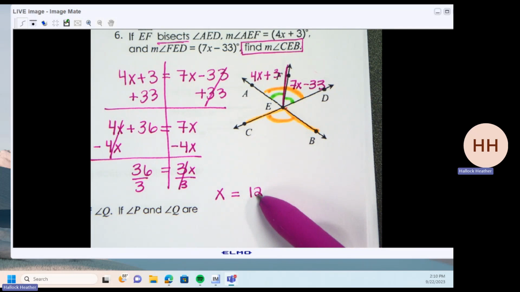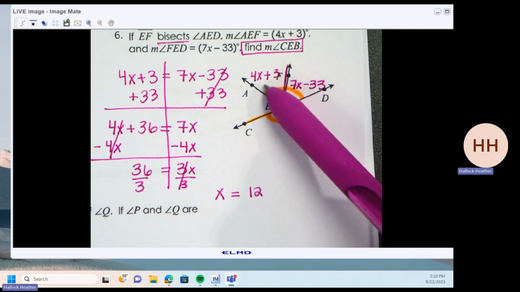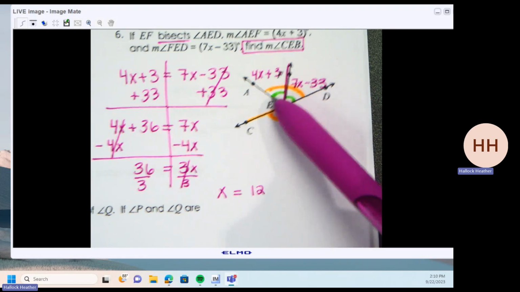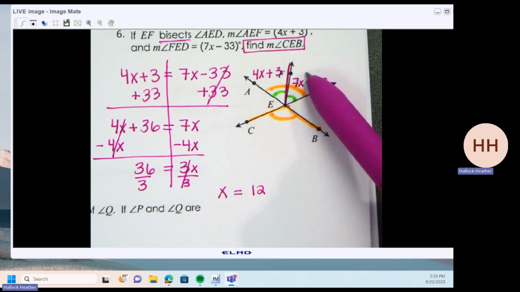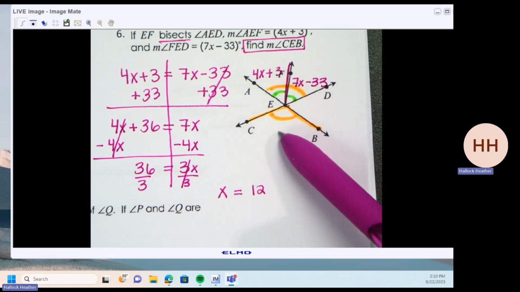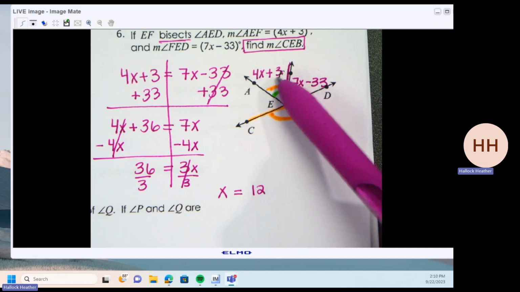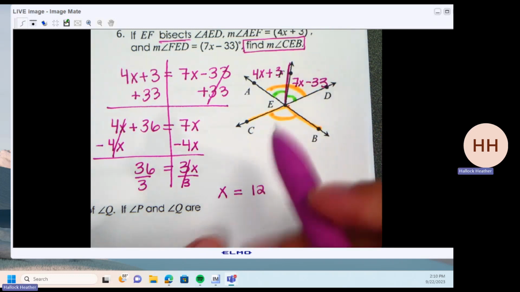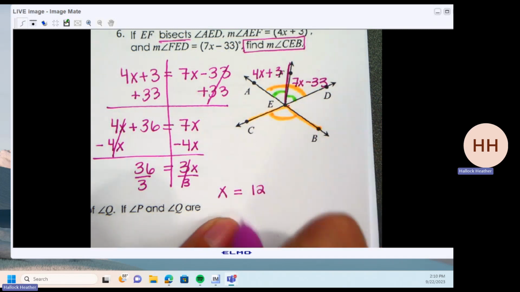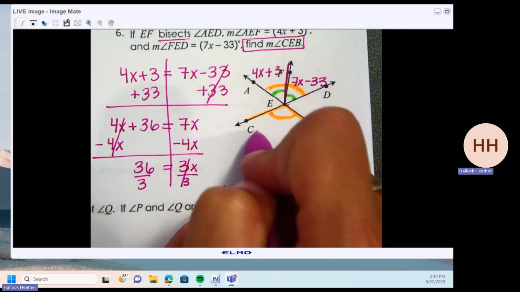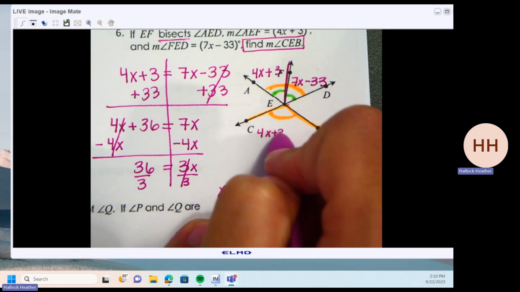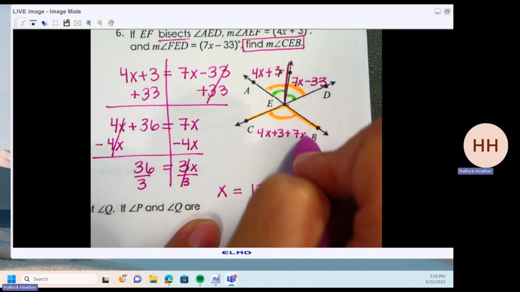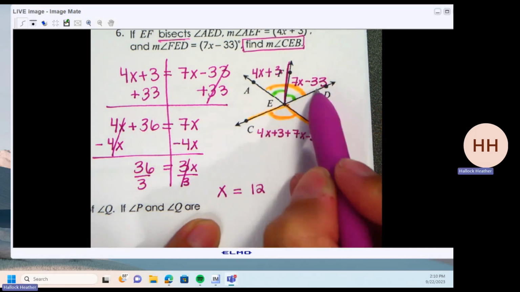So I can do this one of two ways. I could plug x into one of the angles, and then since I know they are congruent, I could put that same number in both and add them together. Or I could literally take this and plug in x, which I'll probably just do because why not? So this equals 4x plus 3 plus 7x minus 33. It's both of those angles combined.